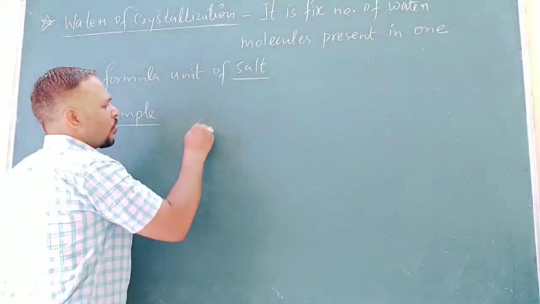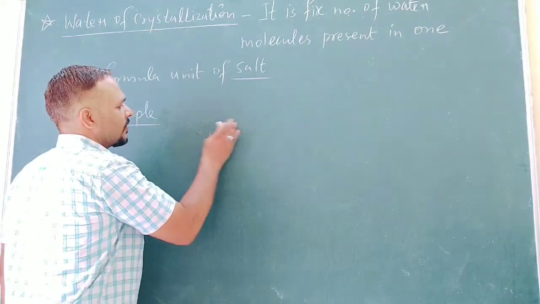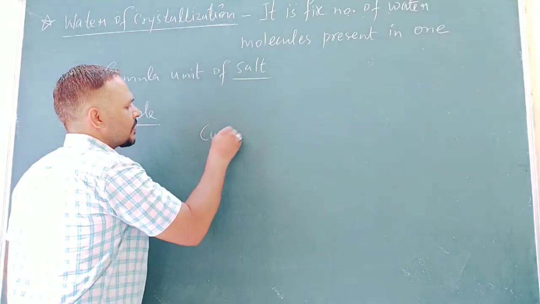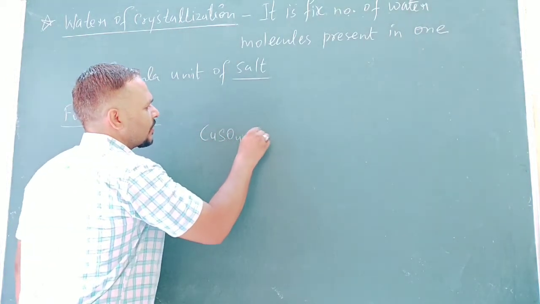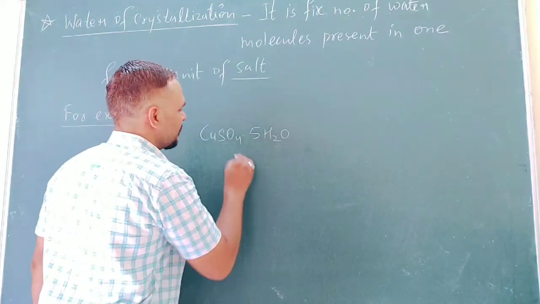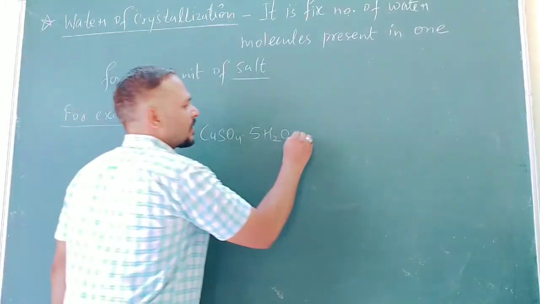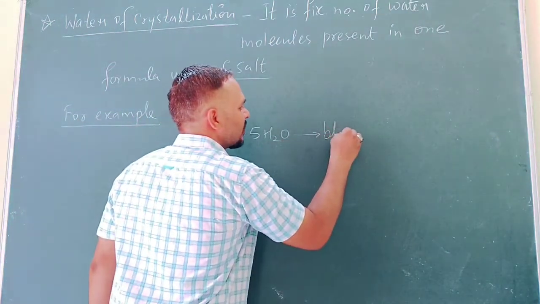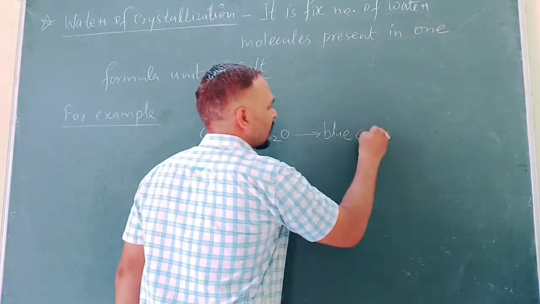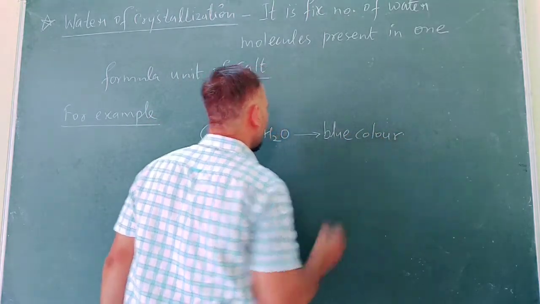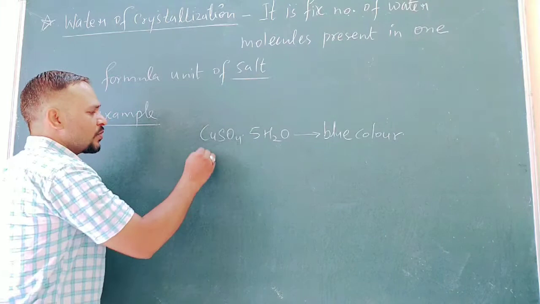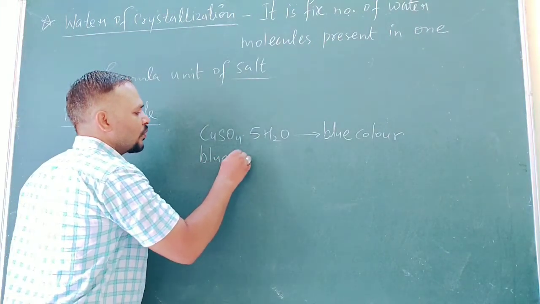see copper sulfate dot 5H2O. The color of copper sulfate is blue. It is also known as blue vitriol.